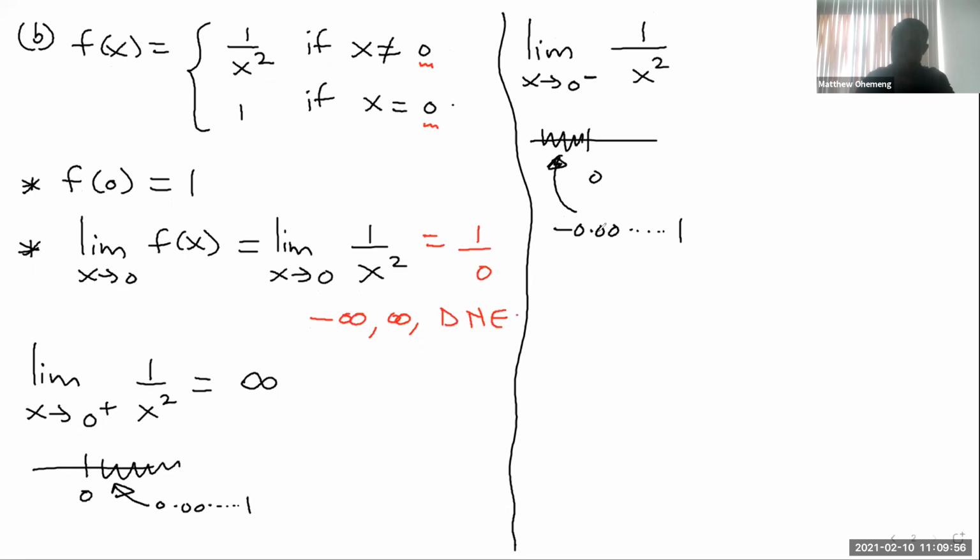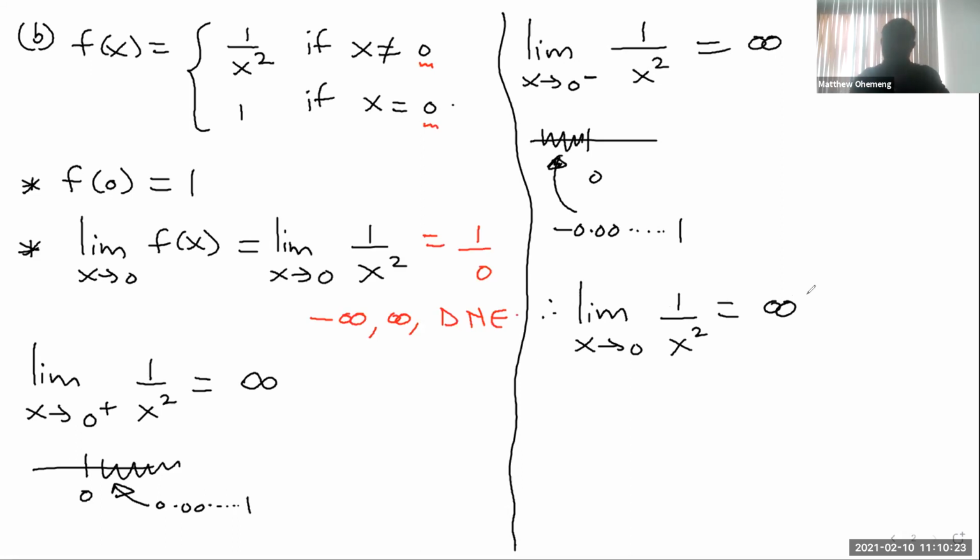Now, if you put in these values in this, because there's a square, it will turn the negative to positive. So you still end up with a 1 over a small positive number, and that's still going to give you infinity. Now, since from the right and from the left are agreeing on infinity, we conclude that as x approaches 0, the 1 over x squared equals infinity.